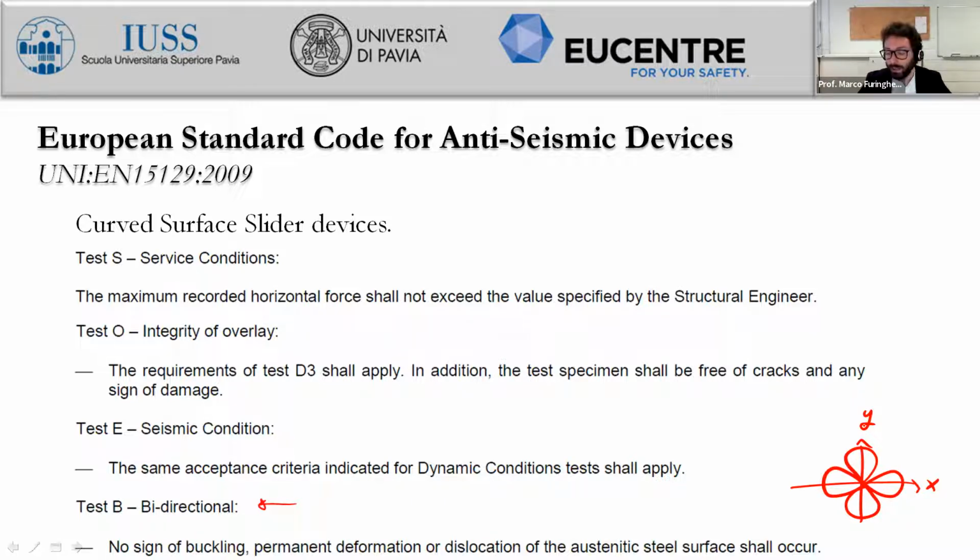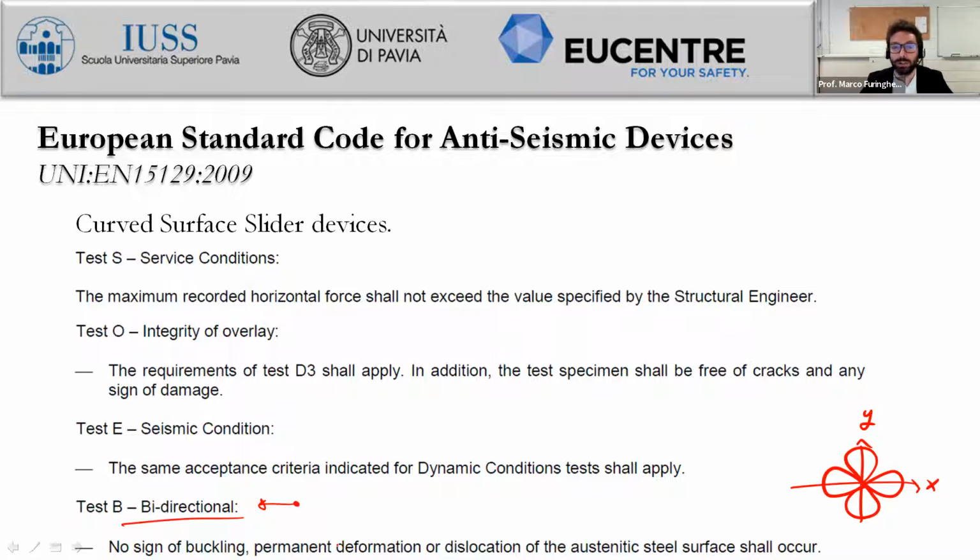So this is a bidirectional motion, but generally what happens is that the laboratories worldwide cannot apply simultaneous components, X and Y displacement components, so the simultaneously. So this means that there is another aspect to consider for this test.